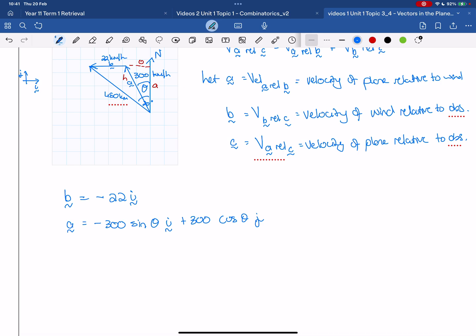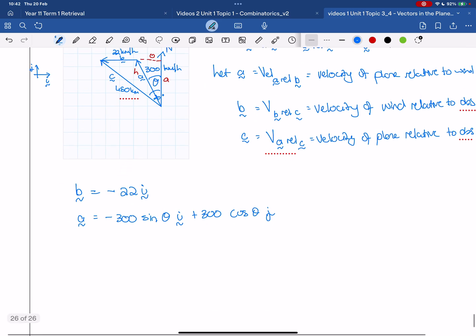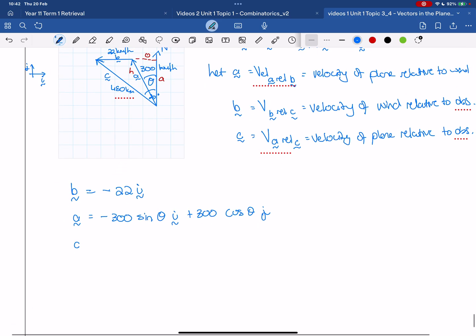Well, I don't know what speed this thing's going to end up at. Okay, so I have to call this one C. So let's see what C can be. Well, C, I know I've got an angle of 20 degrees.